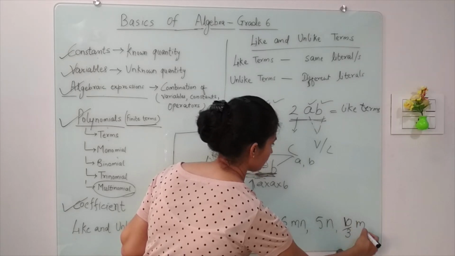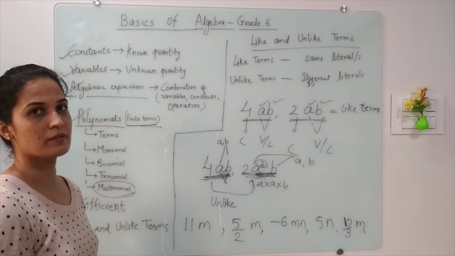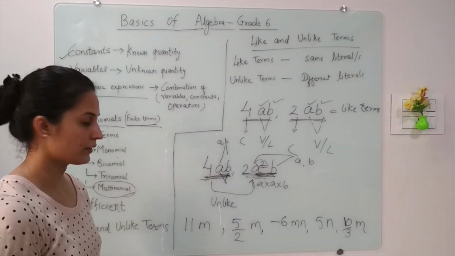Now we have 1, 2, 3, 4 and 5 terms. We have a total of 5 terms. In these 5 terms, we have to identify which are the like terms and which are the unlike terms.